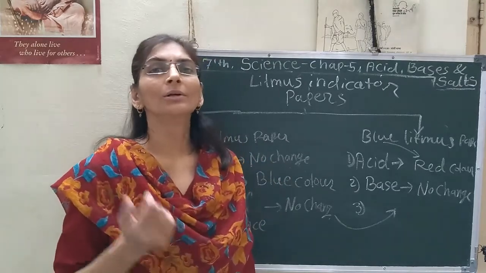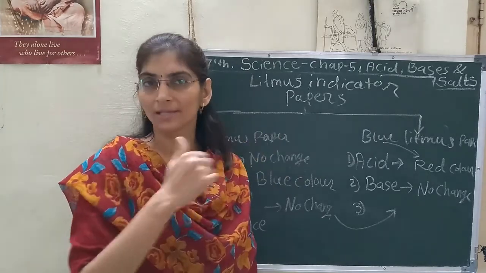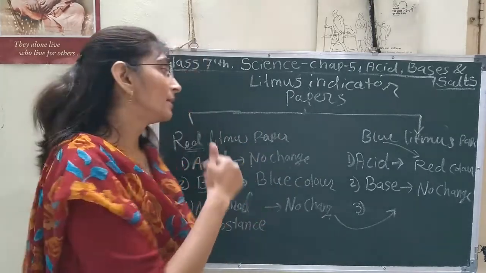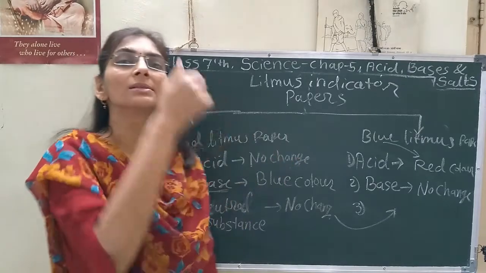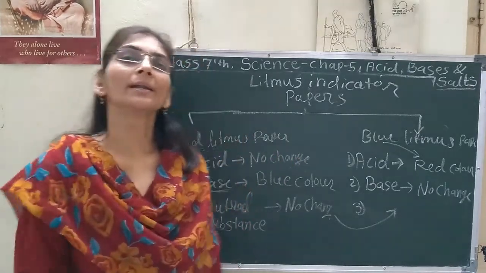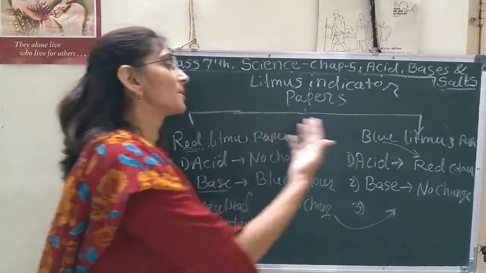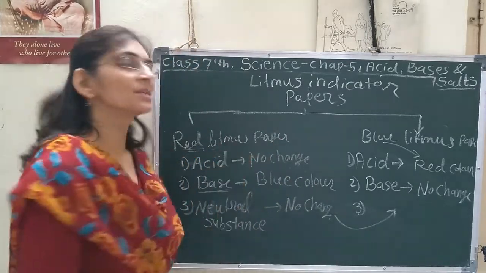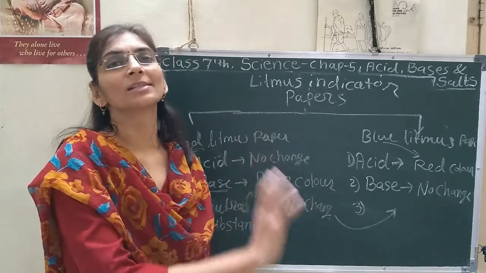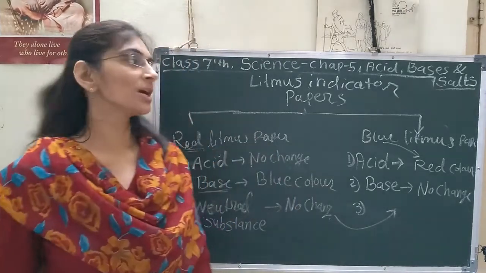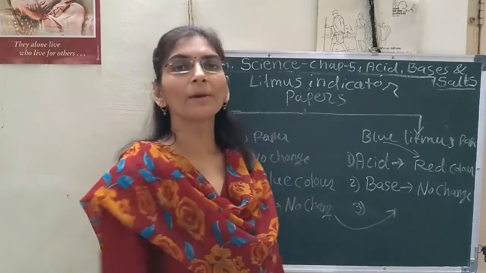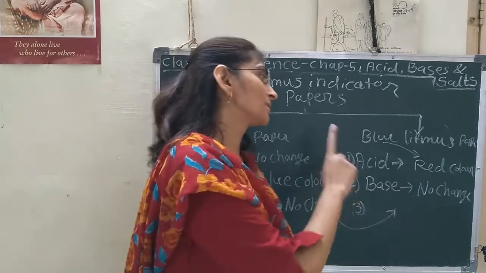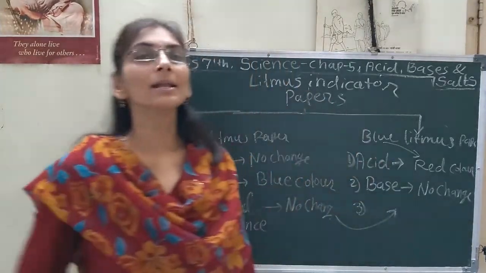Test those substances by dipping the litmus papers in the solution, and you will get the result with the red litmus paper and blue litmus paper. If the red litmus paper shows a reaction, the substance is basic in nature, and if the blue litmus paper shows a reaction, then the substance is acidic in nature.